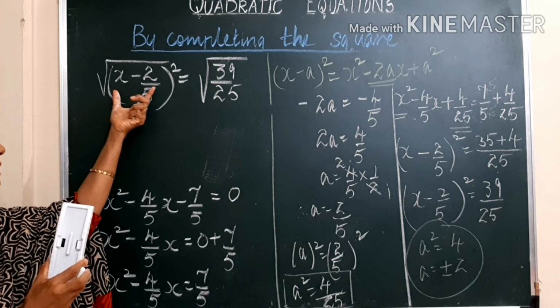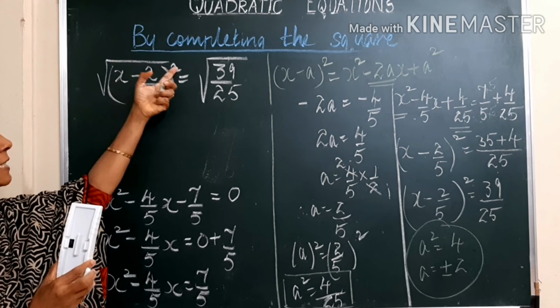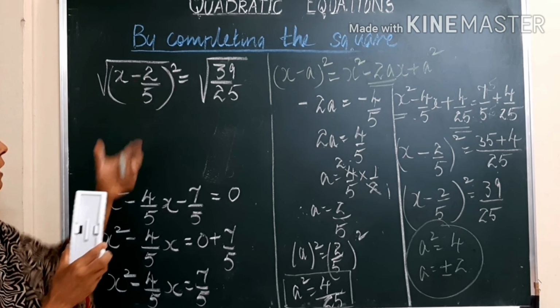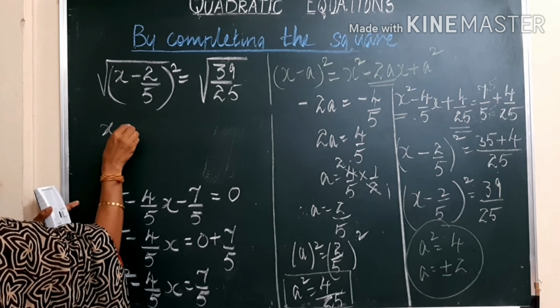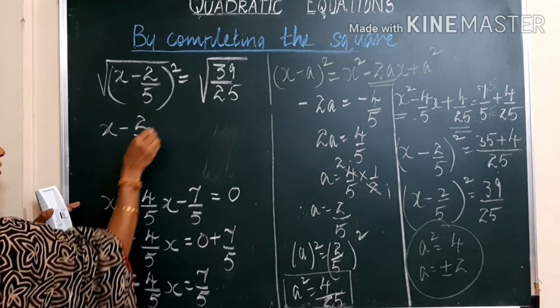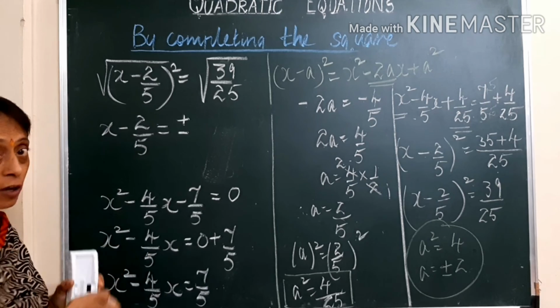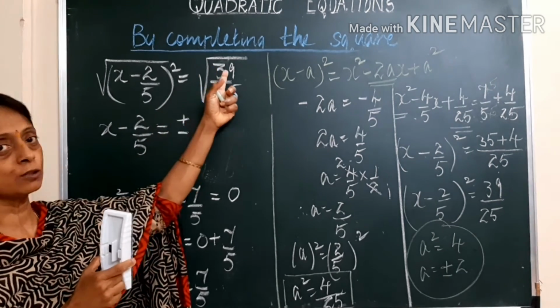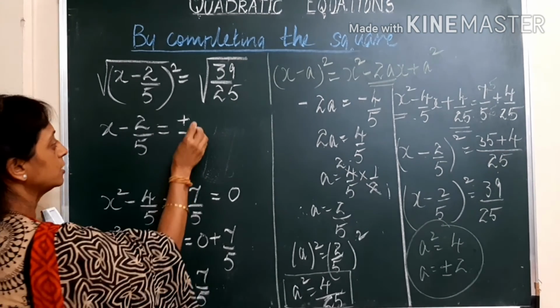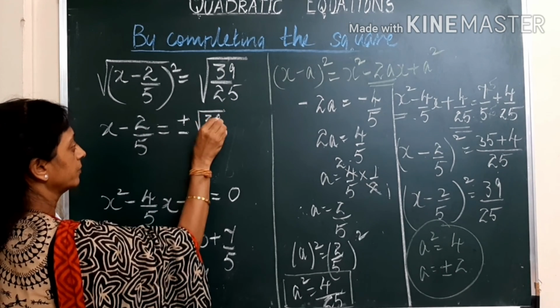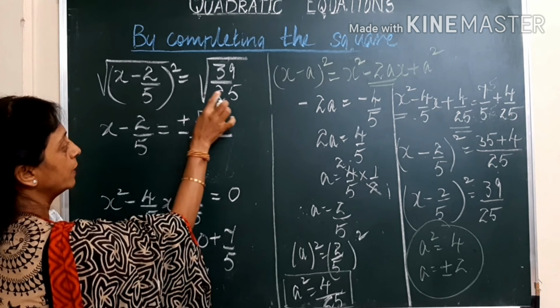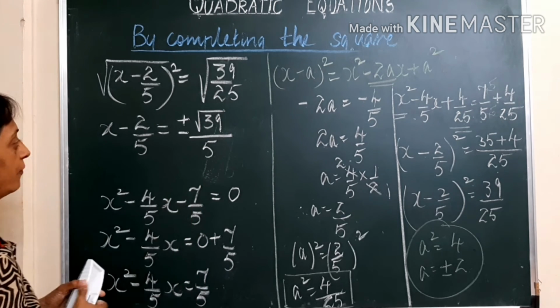So this resembles your a square. Square root of a square will just be a, which will be equal to plus or minus, if you have not forgotten, square root of 39, it's an irrational number, so it remains as it is, upon square root of 25, which is 5.